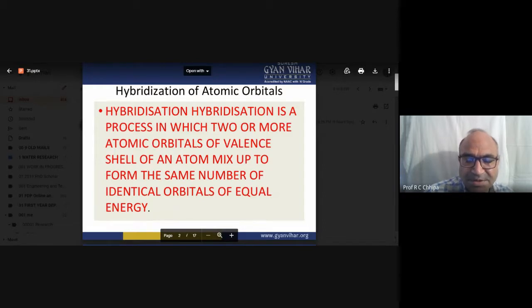So in the hybridization process, the mixing of different atomic orbitals gives the same number of new orbitals, and they have specific characteristics different from the earlier atomic orbitals. So this process is called hybridization.